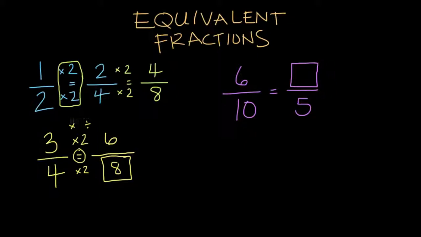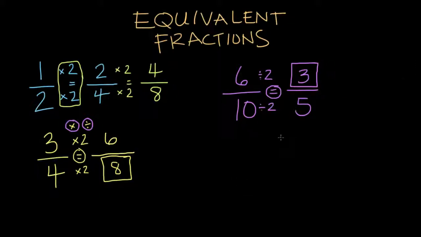Remember, I can use multiplication or division. And over here, we know it's going to be division because we're going from 10 down to 5. 10 divided by what is 5? 10 divided by 2 is 5. If I divide by 2 on the bottom, then I sure better divide by 2 on the top. 6 divided by 2 is 3. So 6/10 is equivalent to 3/5.